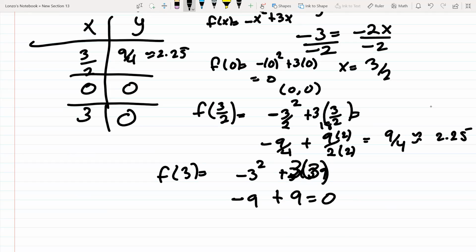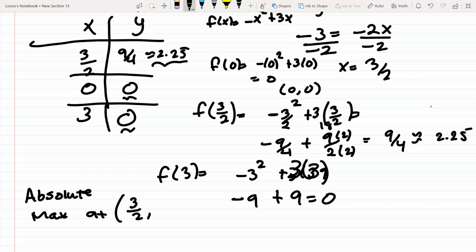If you look at all the y values, 2.25, 0, and 0, the highest y value is 2.25 or 9/4. So that concludes that you have an absolute max at 3/2, comma 9/4.